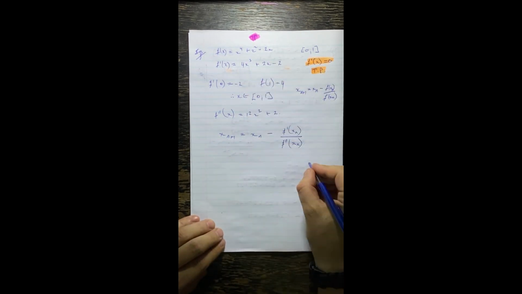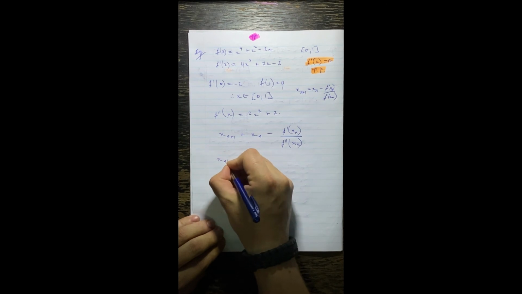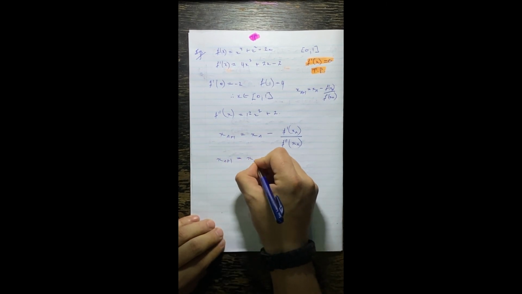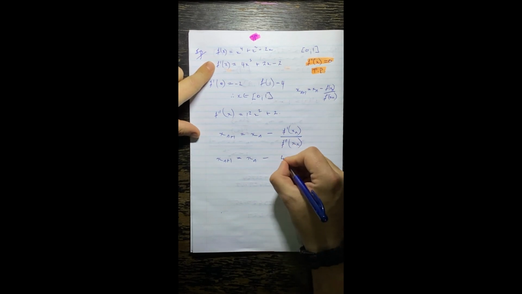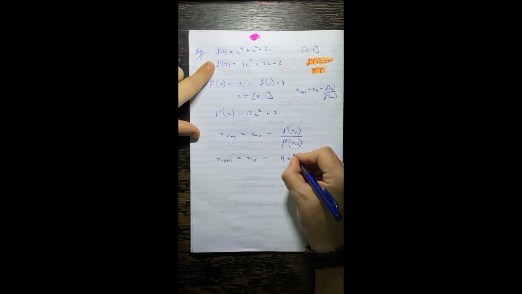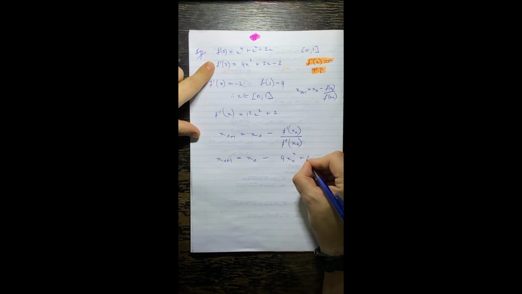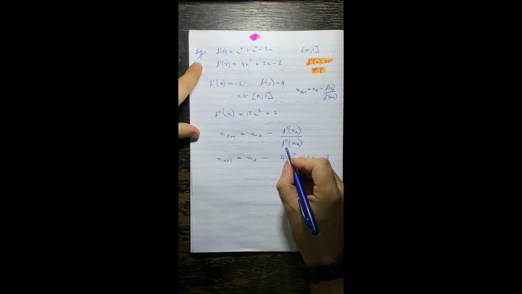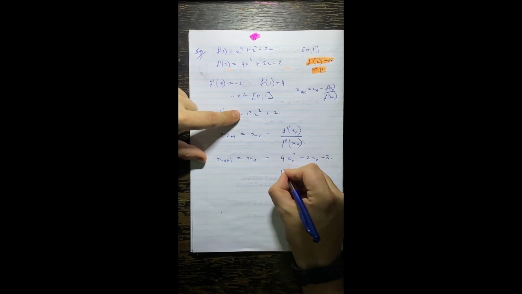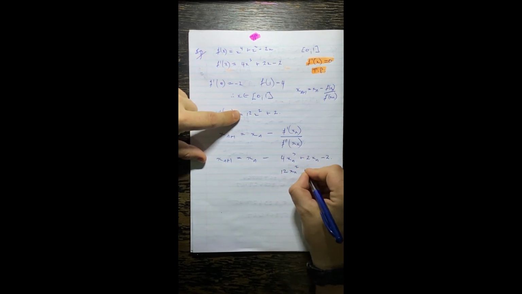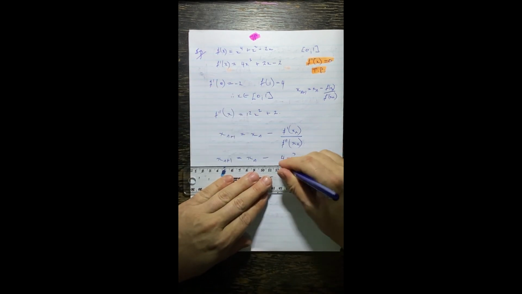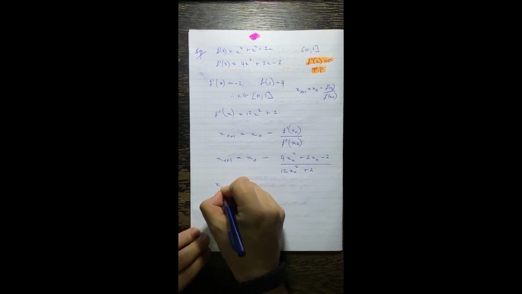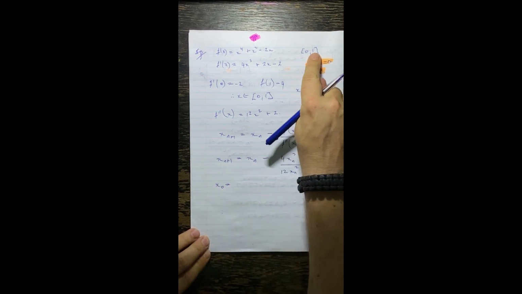Right, I'm going to plug into our functions. So f dashed is over here, so we get 4 x n cubed plus 2 x n minus 2. And then our second derivative is here, and we get 12 x n squared plus 2. And our x0 is going to be 1.